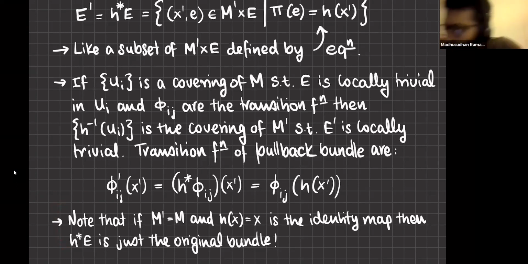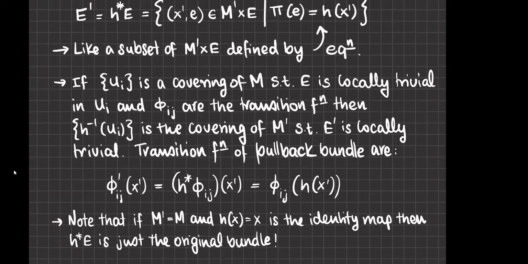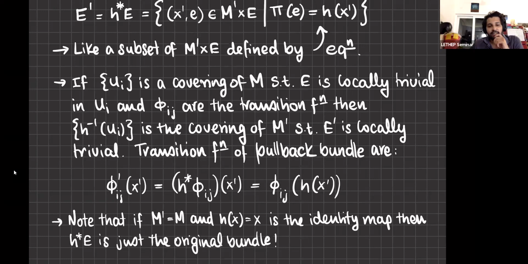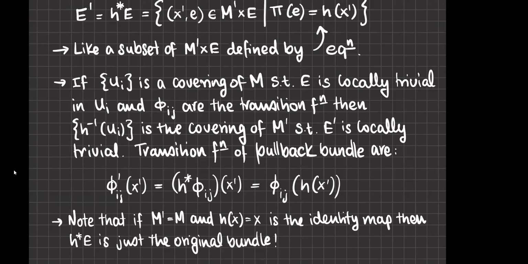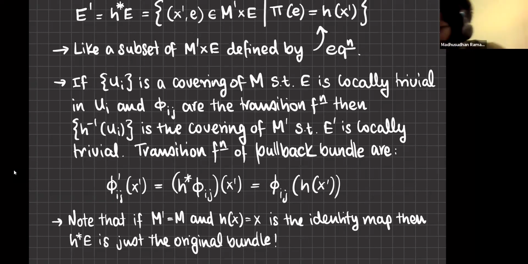I thought it was obvious. But maybe the definition of the transition function: phi ij prime is the same as phi ij with H, because H is the identity map, so you have the same phi's. That can be the answer. Good question.